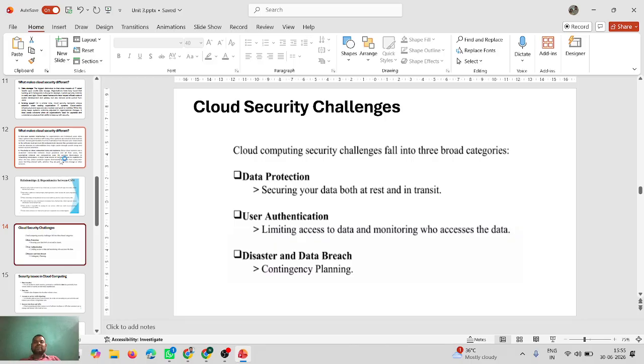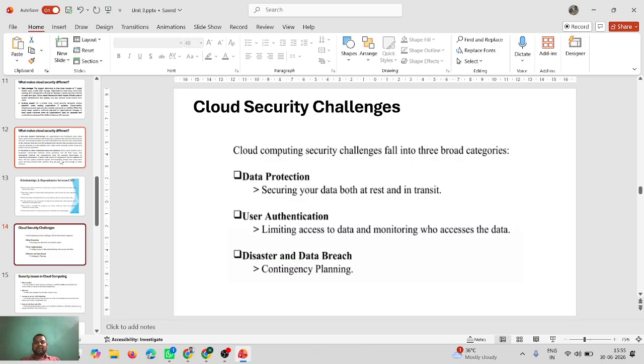So, cloud security challenges. First one, data protection: how to secure your data both at rest and in transit. Both in static state and while you are communicating and transferring data from one end to another, how to protect the data. The simplest method is to encrypt the data.